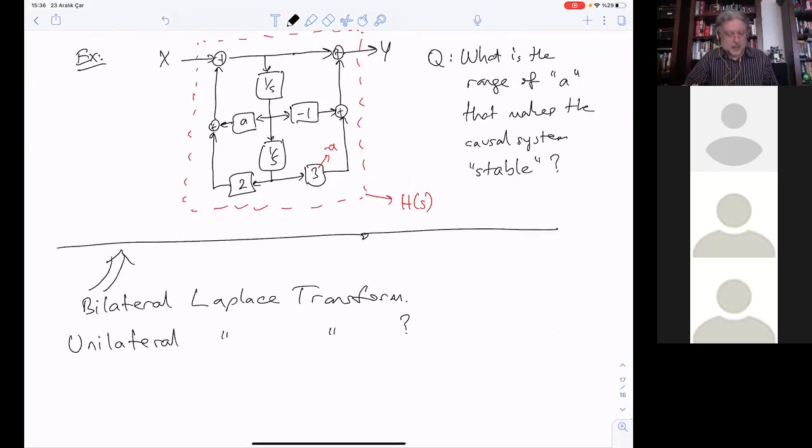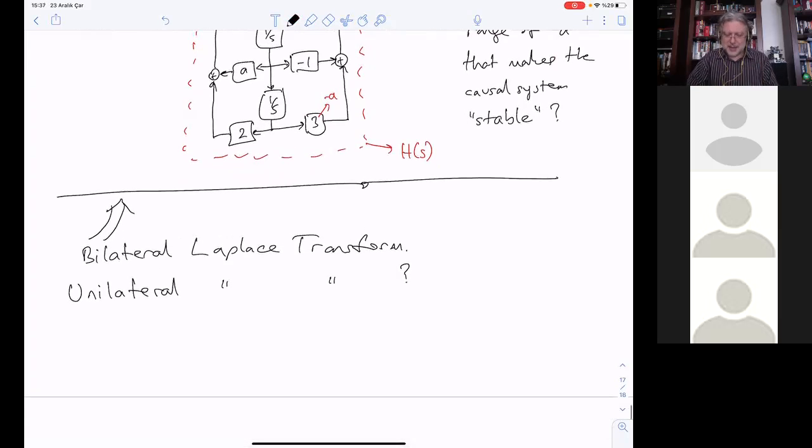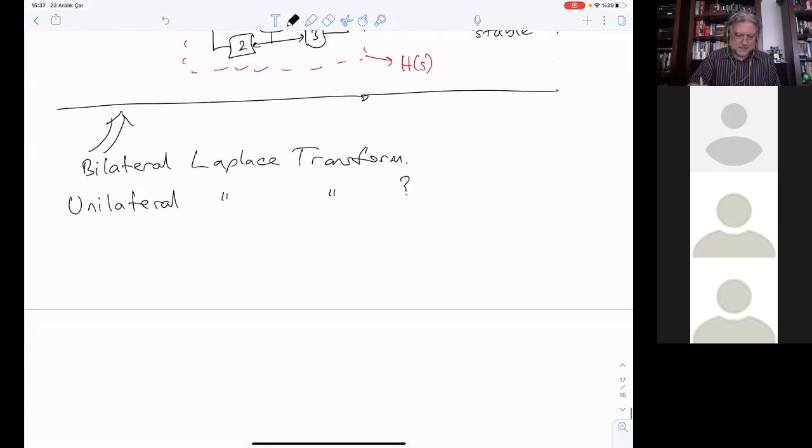And what is it? That unilateral Laplace transform is the more commonly encountered Laplace transform, where the integration starts from zero plus, just a little bit above the 0 point. I tend to indicate it as x sub u, just to indicate that it's the unilateral Laplace transform, whereas capital X by itself would correspond to the Laplace transform.